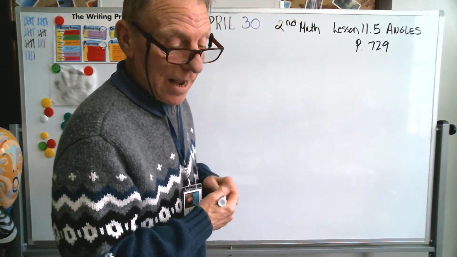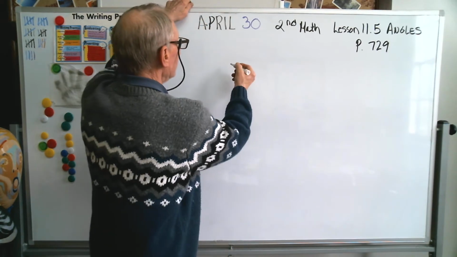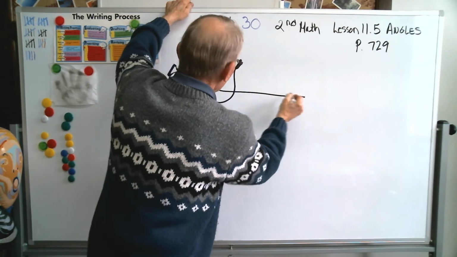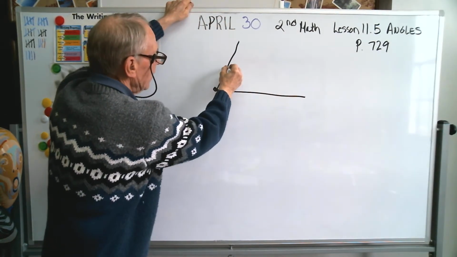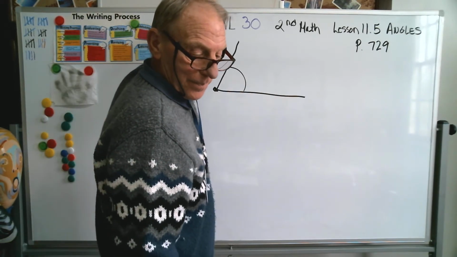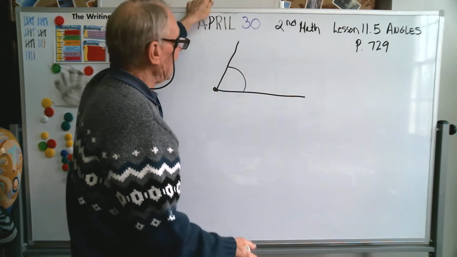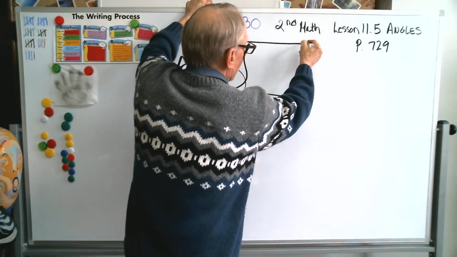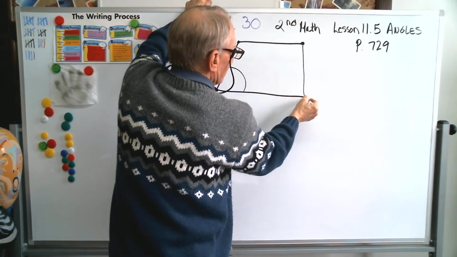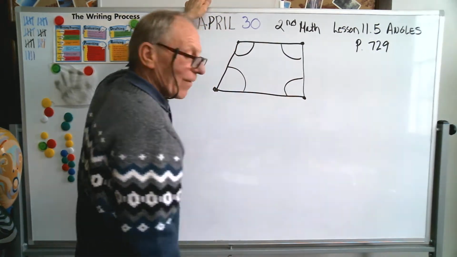It starts on the top of 730 by saying when two sides of a shape meet at the vertex, it forms an angle. Depending on how many sides, everywhere those sides meet, you have an angle.